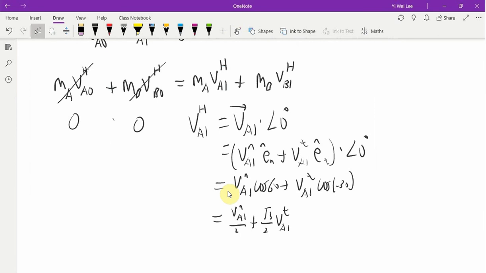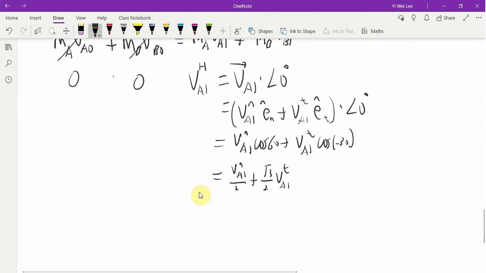Now, VA1H means the horizontal velocity of A after collision. So how do you find the horizontal velocity? Just resolve it to the horizontal direction, which is a dot product with 0 degrees, or just cos everything. Same thing here. What is VB1H? VB1H is the velocity of B after collision in the horizontal direction, which is also equal to VB1 dot product with 0 degrees.